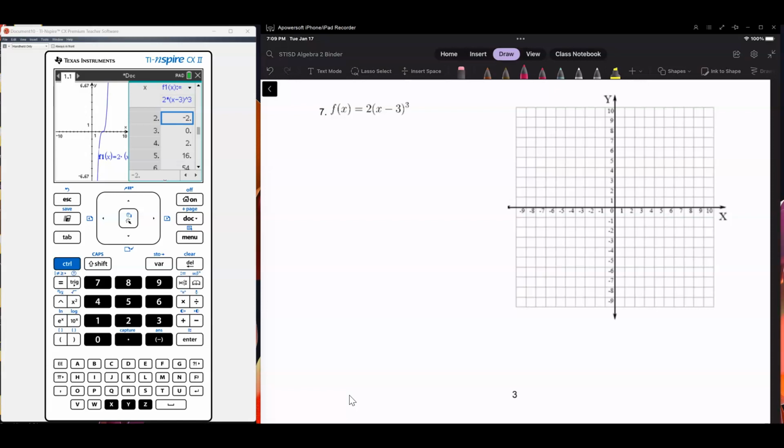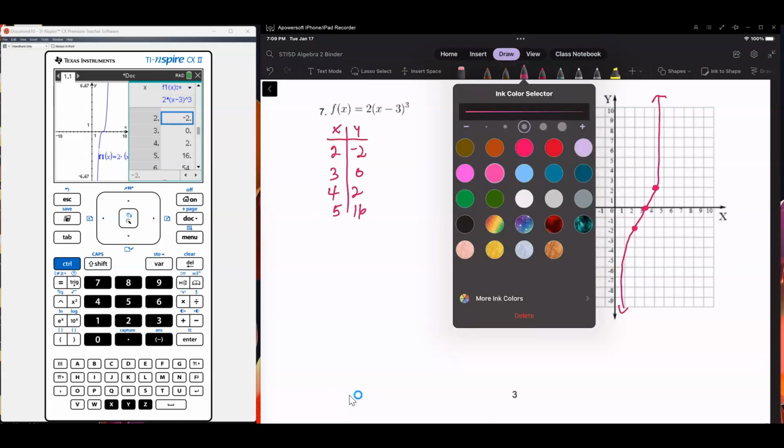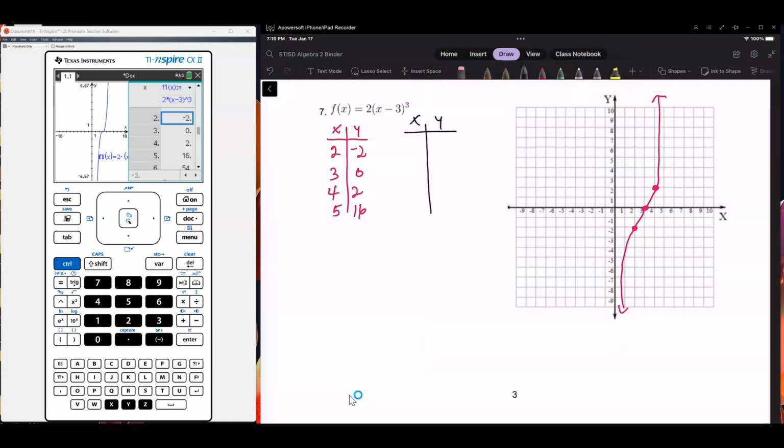So here's my table. We have x and y, and I know that we have 2, -2. Then we have 3, 0, 4, 2, and then we have 5, 16. So it looks like this. If I want to write the inverse, what will I have to do? Well, we know that we will have to switch the x and the y values.